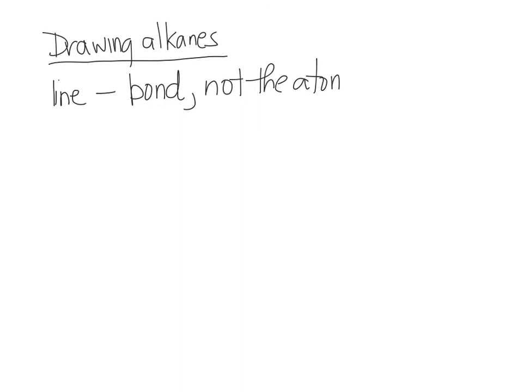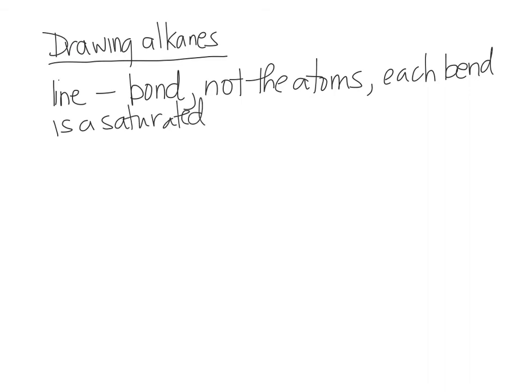They're really useful for decluttering your diagrams, especially if you've got cyclic compounds. And it's understood that each bend is a saturated carbon. So it contains as many hydrogens as possible, unless it's indicated in the structure that there's a double bond.